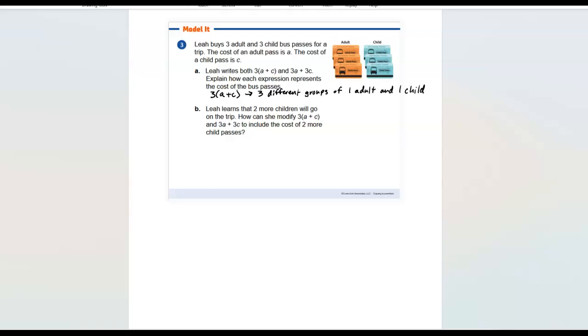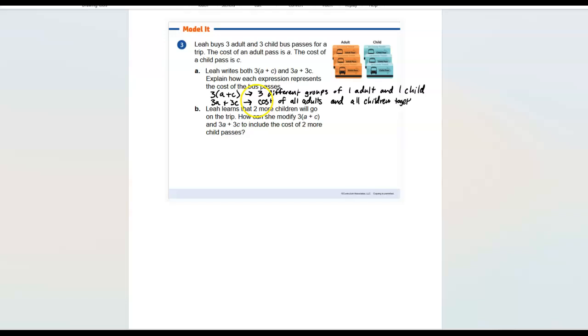Meaning it could be like 3 different trips or 3 different adult-child pairs, right? And the second one is 3A plus 3C, which just represents the cost of all adults together, maybe 3 adults got on the bus together, and all children together, maybe 3 students got on the bus together.